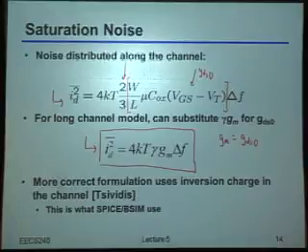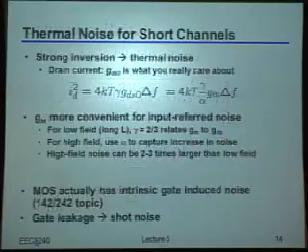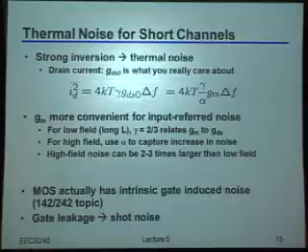If you look at how, for example, SPICE will calculate this, or how a more accurate model will do it, it'll calculate the exact details of the charge inside of the channel, and then based upon that charge, figure out the noise contribution from each incremental piece of the channel and integrate it all up. Okay? But of course, that's a bit complicated, and for doing any hand calculations is really, really difficult.